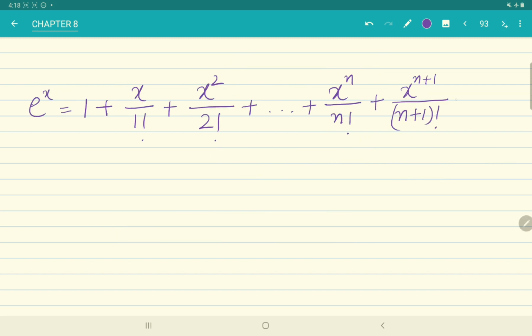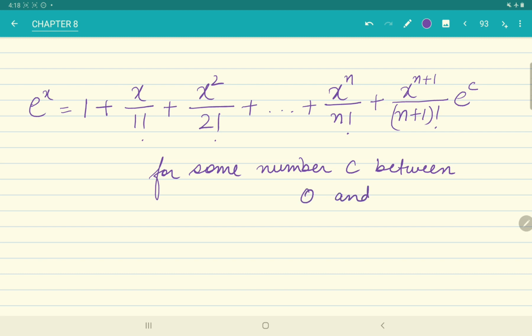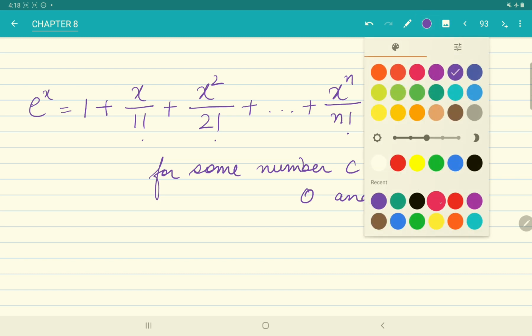So this is going to be e raised to the power c. Again, we have to keep this in mind that in this case I should write for some number c between 0 and x. Given this Taylor's formula, this is something we have to keep in mind.